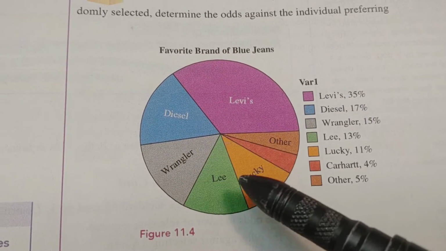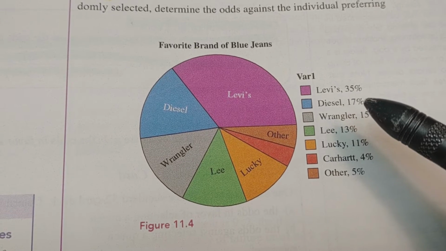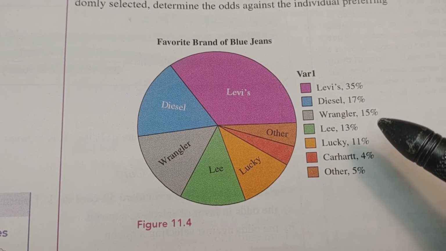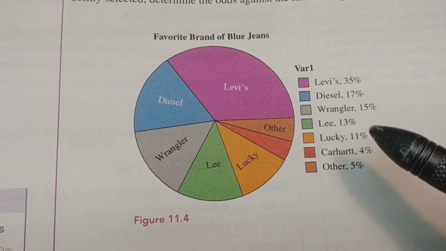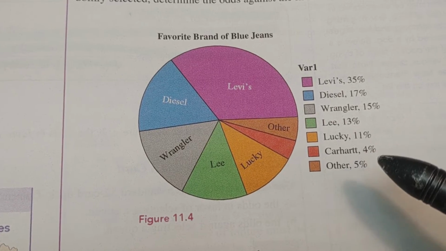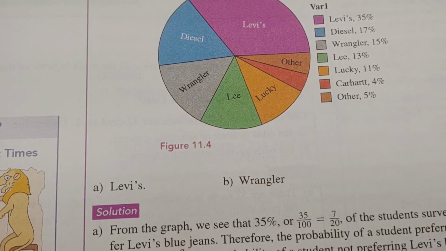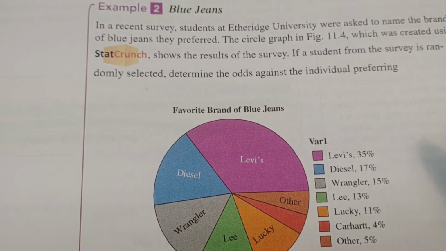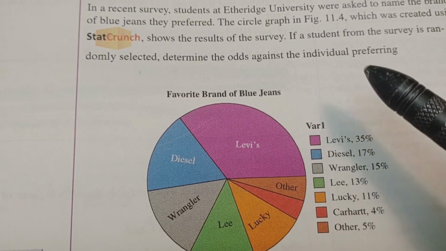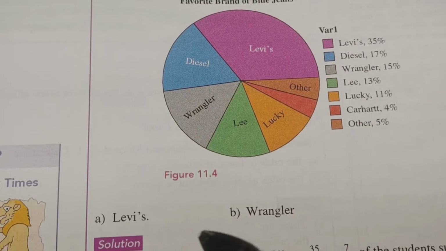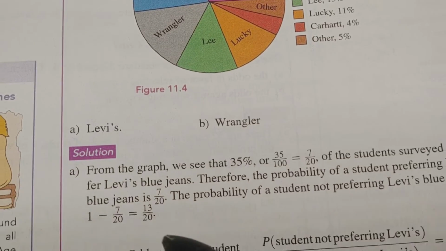So here's your graph. You can see Levi's is 35%, Diesel 17, Wrangler 15, Lee 13, Lucky, and the rest of them.